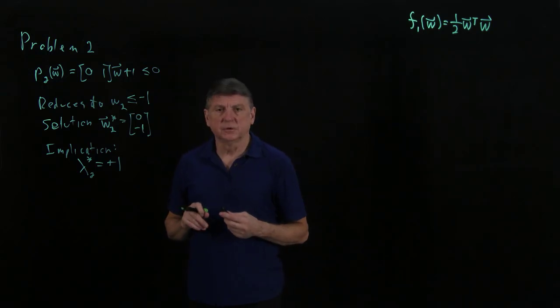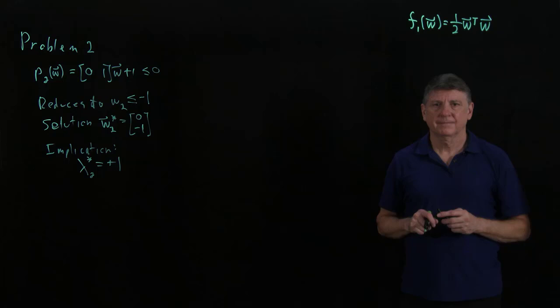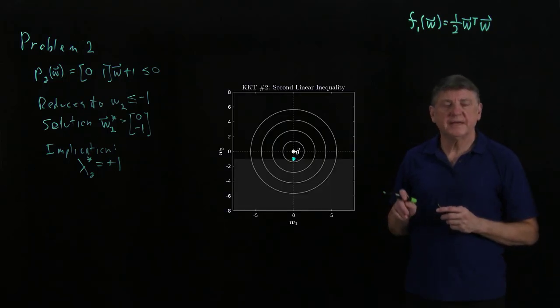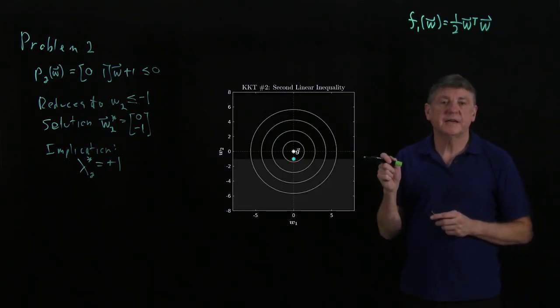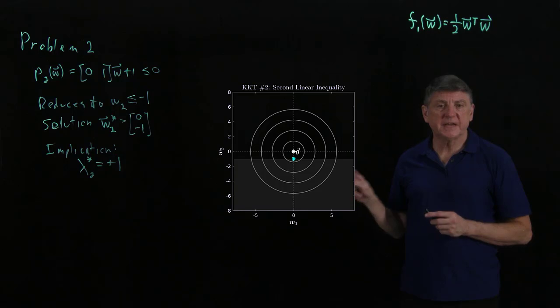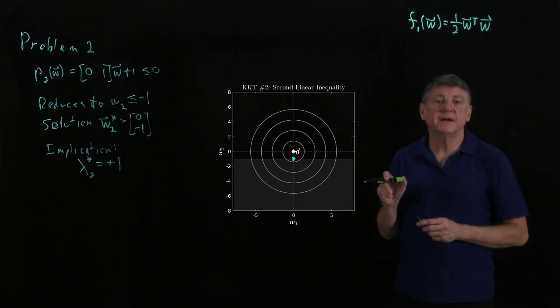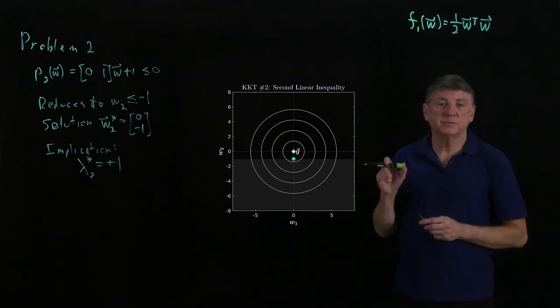So let's take a look at the geometry of this. The geometry is that the feasible set for this constraint is this shaded region. And as we just discussed, if we take a point that's inside this, that is an interior point, the vector norm won't be as small as it is when it's on the boundary.